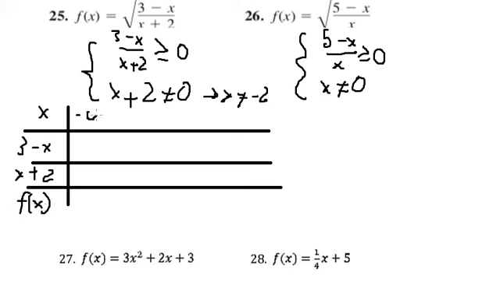We have negative infinity to positive infinity. 3 minus s equals 0, so we get 3 here. s plus 2 equals 0, so s equals negative 2, we put it here. So this one is 0, and this one you get 0 here.